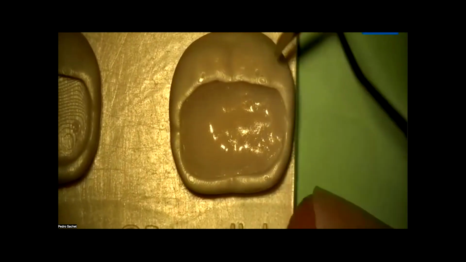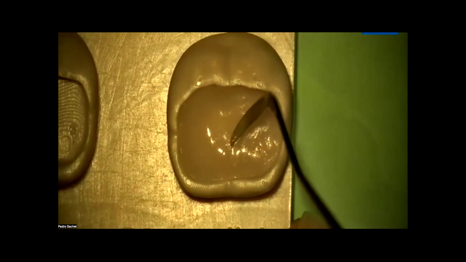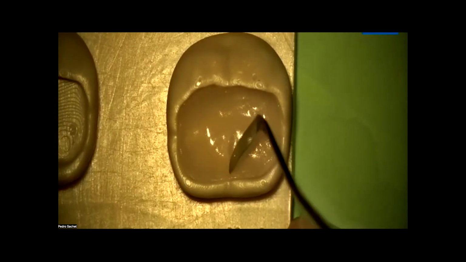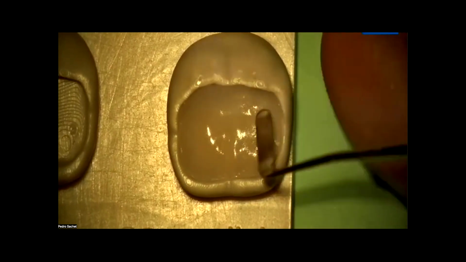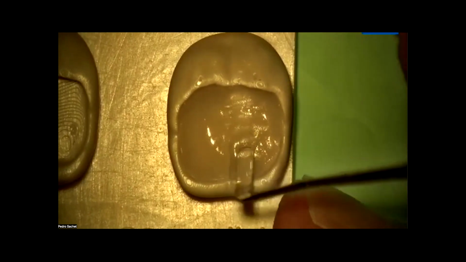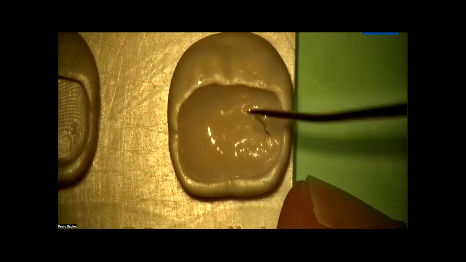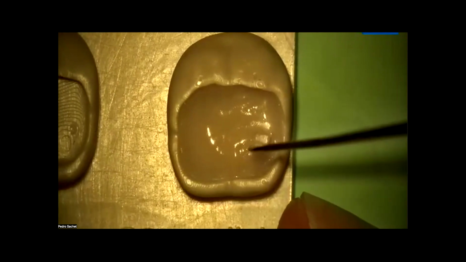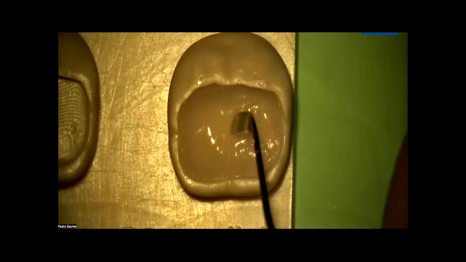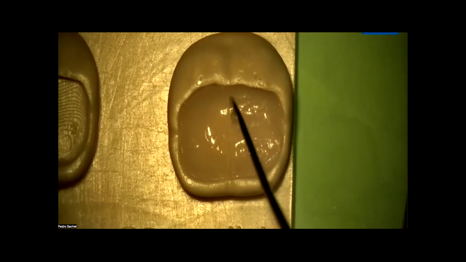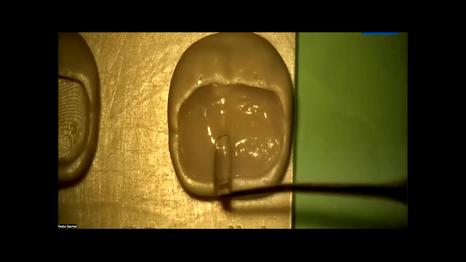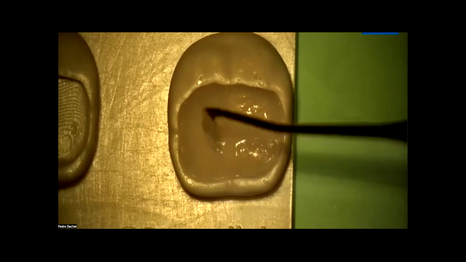So we're going to do some curves here. I'm going to divide the mesial cusps, then the buccal side, and now the distal cusps.